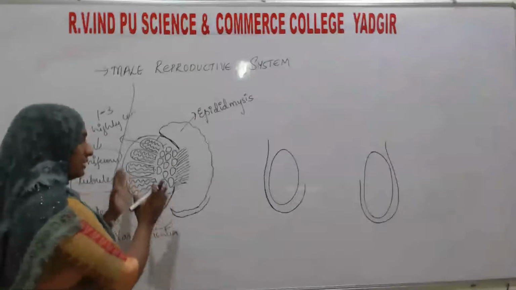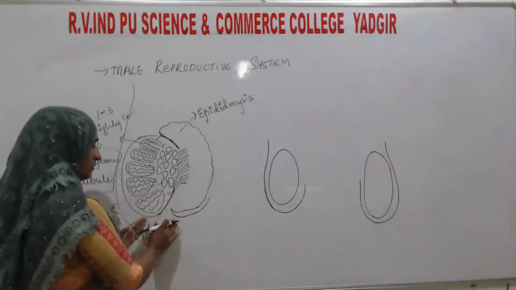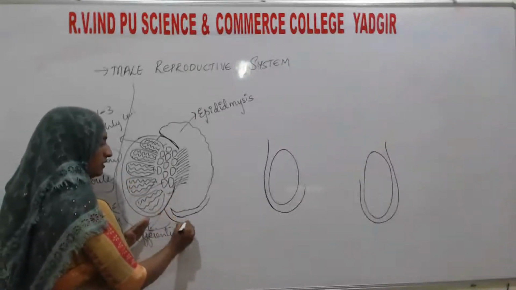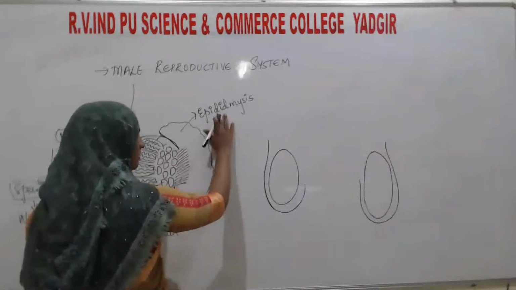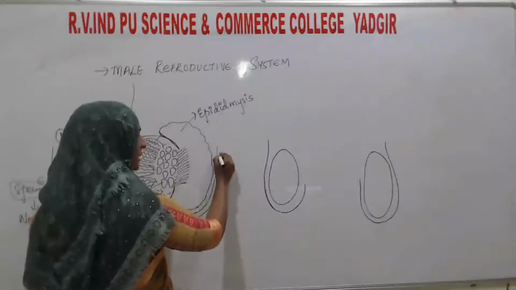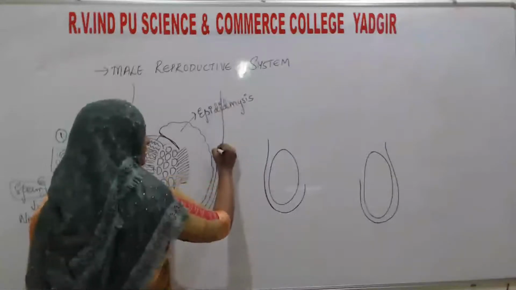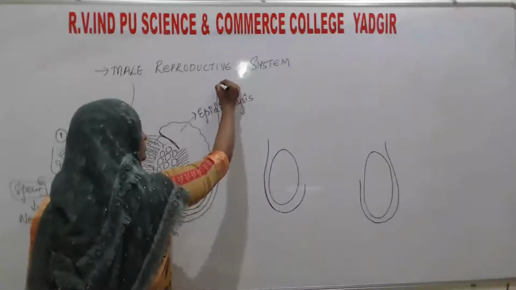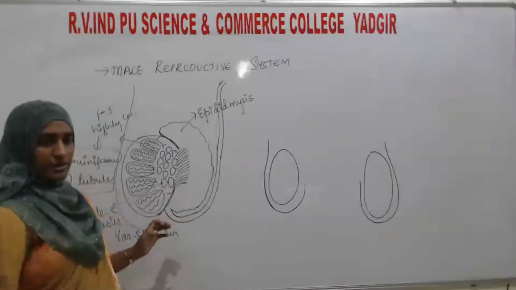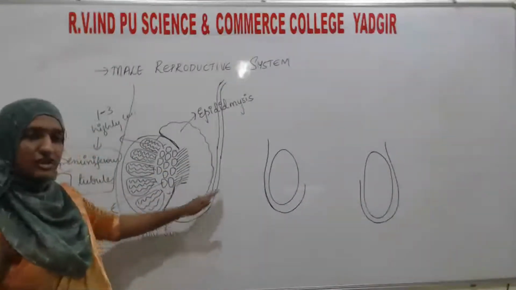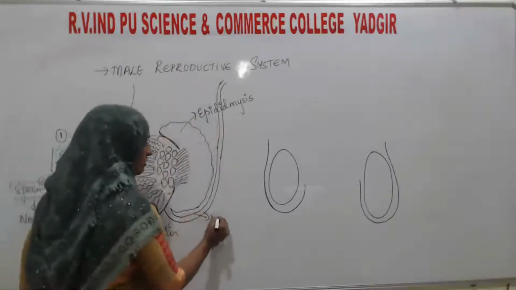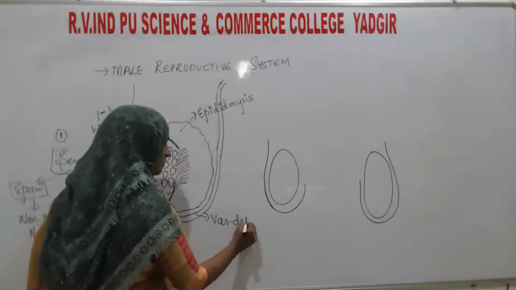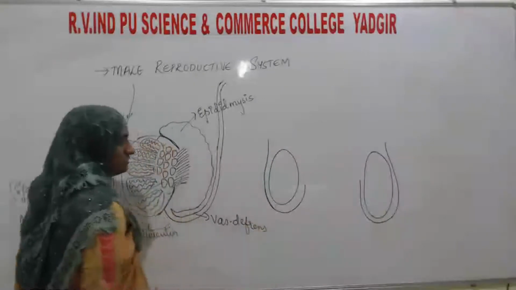So from the testis, this tube will run towards the upper side of the abdominal cavity, and it will run to the urinary bladder. And this tube, which is running in the upward direction, is known as the vas deferens. What is it known as?